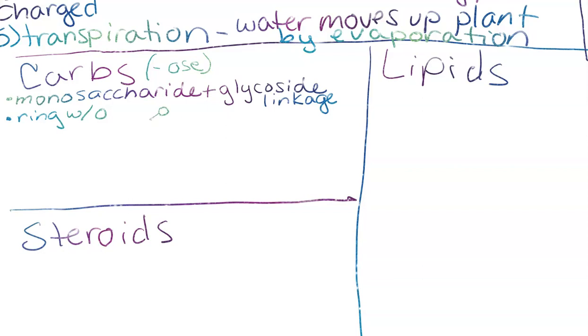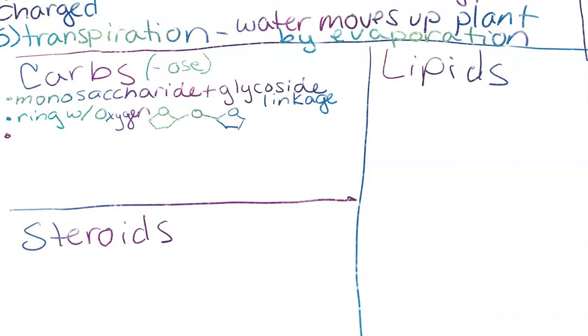Let's draw an example. Here's a ring with an oxygen in it, linked with another oxygen onto a second ring with an oxygen in it. This carbohydrate is a disaccharide because it has two monosaccharides and one glycoside linkage. There you go, ring with oxygen.